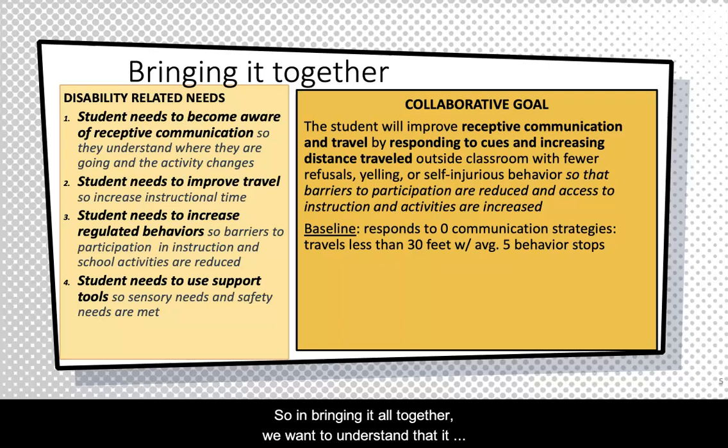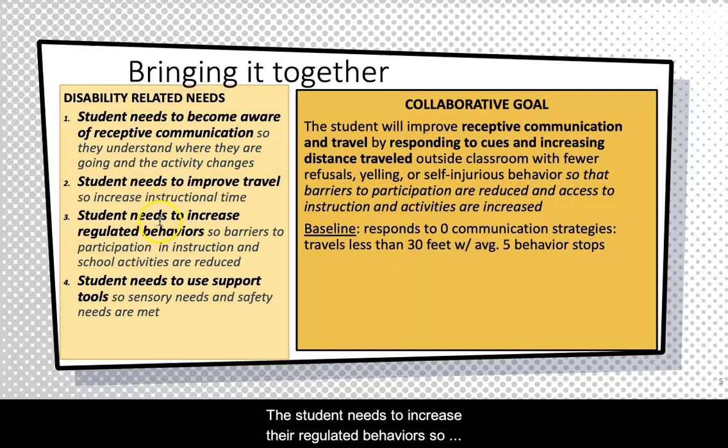So in bringing it all together, we want to understand that it sounds like the disability related needs for the student are about communication so that they can understand the prompts that are being asked of them on this left-hand side. Student needs to improve their ability to travel or transition, like physically travel from one location to another without behaviors, because that's where the behaviors were occurring, is in the hallway having meltdowns and falling on the ground and refusing, or right before you even leave the classroom.